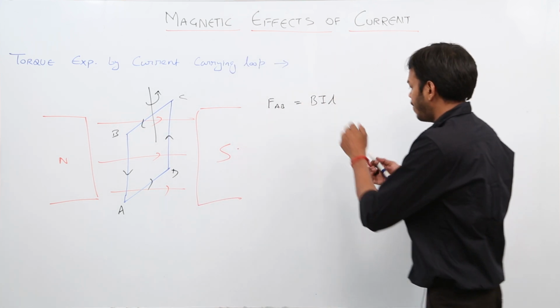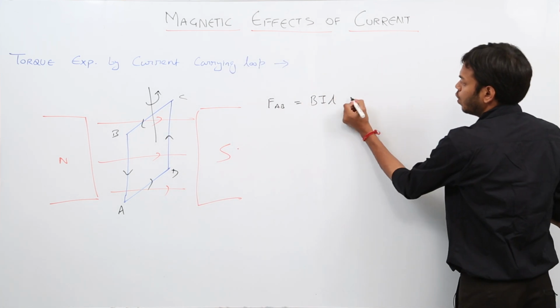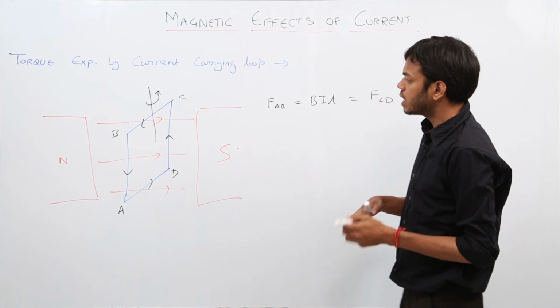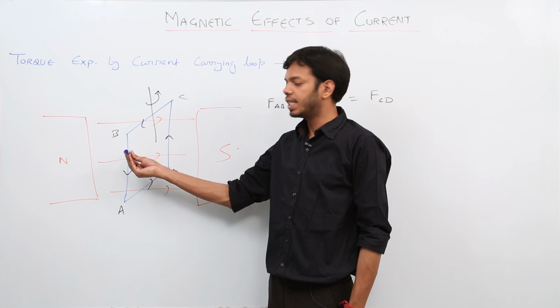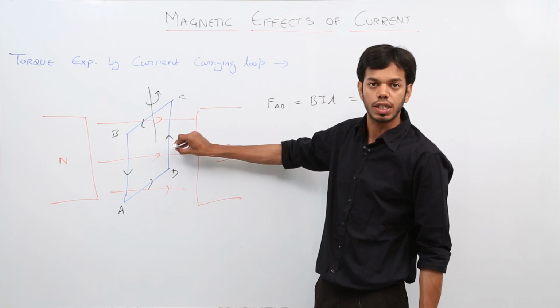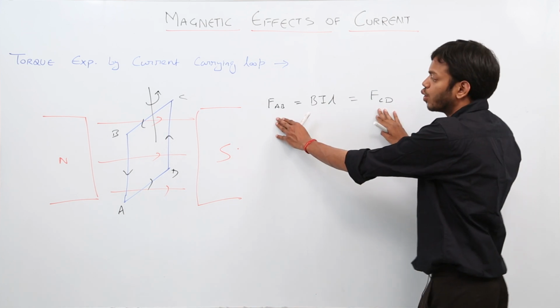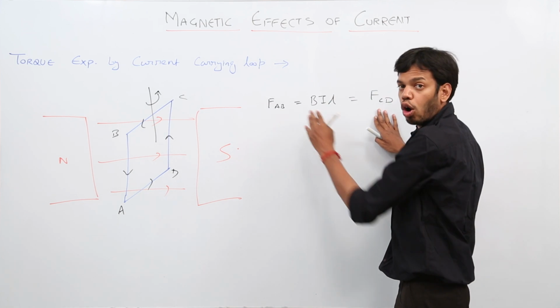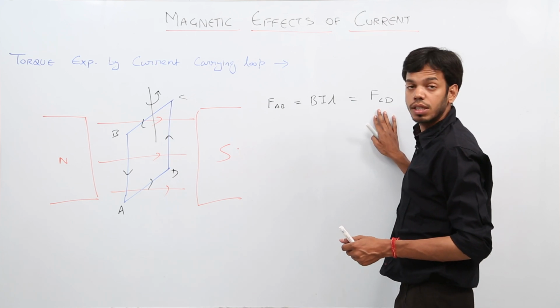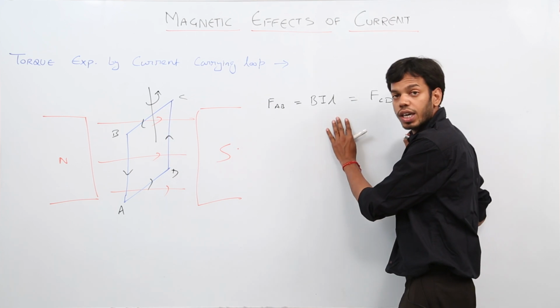Now, F_AB is BIL, which is equal to the force on wire CD. The only difference is the force on AB is in this direction, whereas the force on CD is vertically inwards, that is, the opposite direction. So these two forces are equal and opposite in direction, or anti-parallel, separated by some distance. This constitutes a couple.